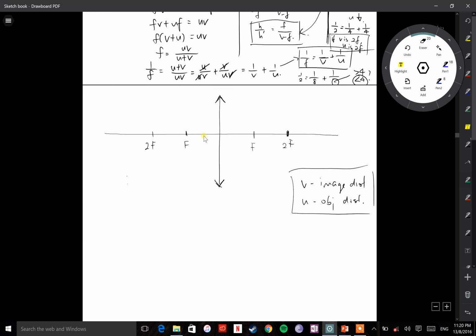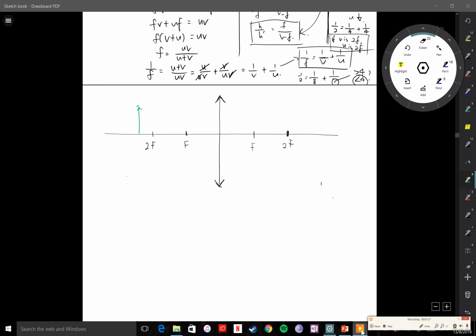Now suppose I have, I'm going to draw my object in green. So suppose I have my object here. You know that the first line that you draw is always this diagonal line. I'm going to erase these two, sorry, hold on. I'm going to go a bit faster.